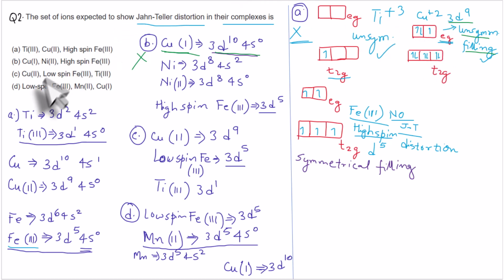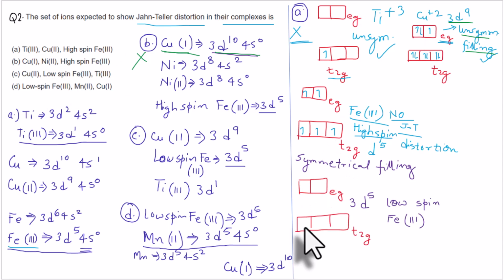Now in option C, what else do we have? We have low spin Fe3+. Once we saw high spin Fe3+, which contained 5 unpaired d5 electrons. Now what happens in low spin? The d5 electrons are paired. Now let's see what happens when these are paired. When these are paired, all 5 electrons stay in the t2g, 1, 2, 3, 4 and 5.